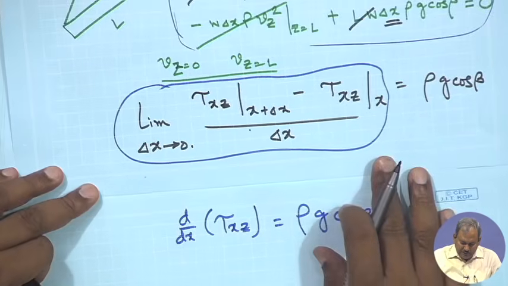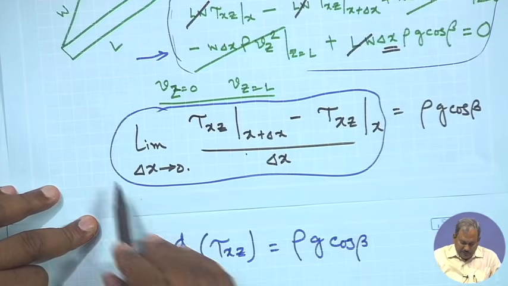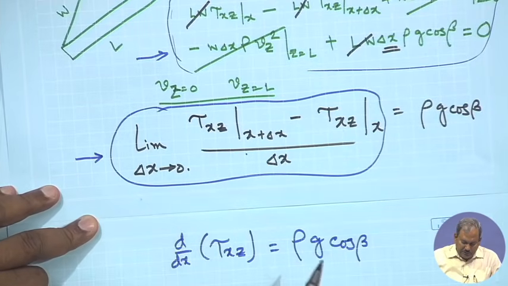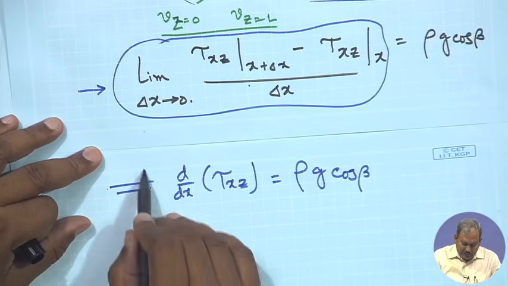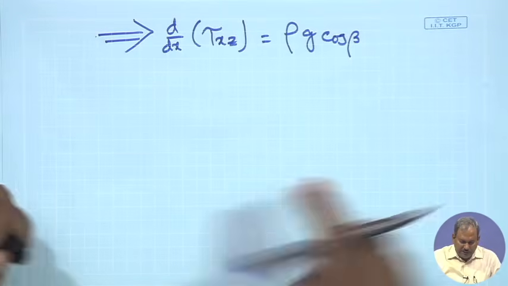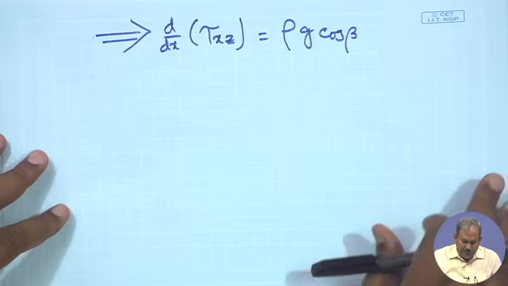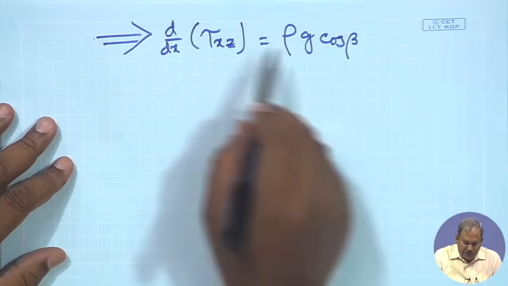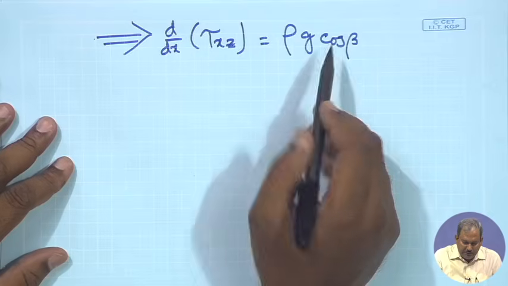So what you can see here is that from this difference equation I get the definition of the first derivative, and using it, I get a differential equation that essentially gives me some idea of how the shear stress is changing and how it's balanced by the body forces.